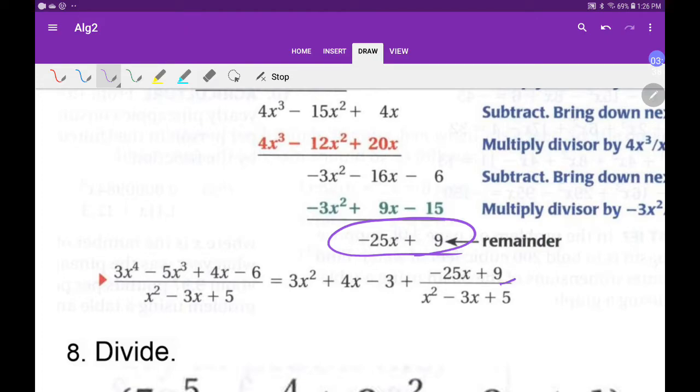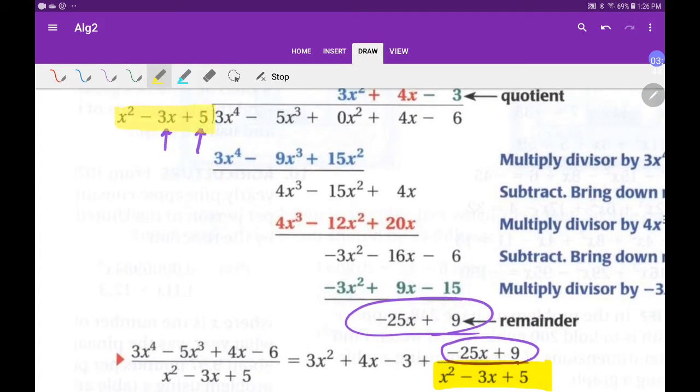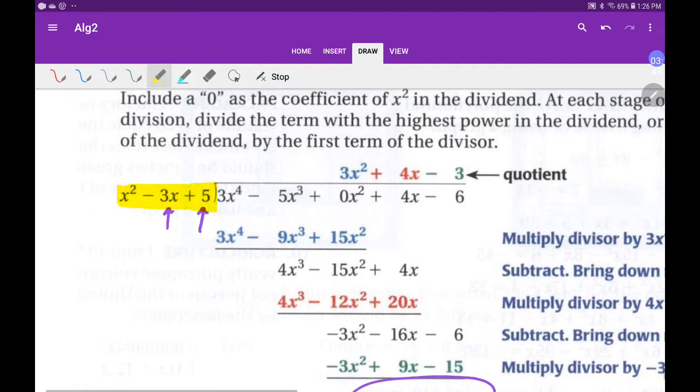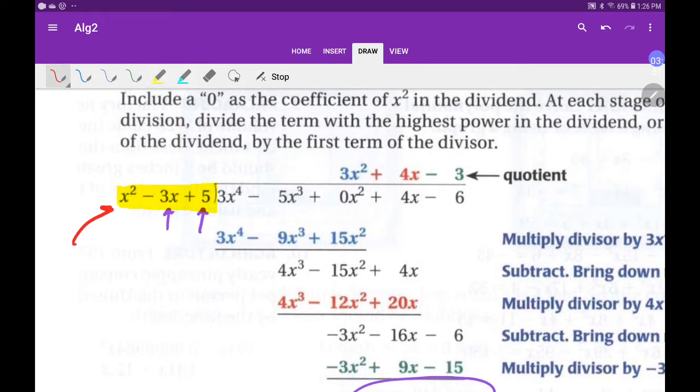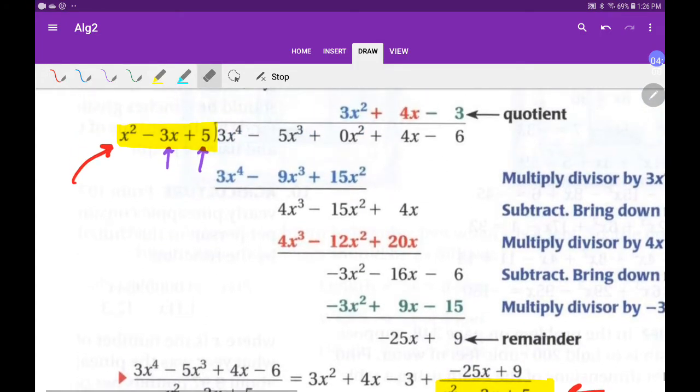So I take that 9 and negative 25x, and I put it on top of this. And what is that? I look back. It's the thing I divided by. So the thing I divided by goes on the bottom. Here's the thing I divided by right there. It goes on the bottom. All right, so I think I'll leave that part because that's important.